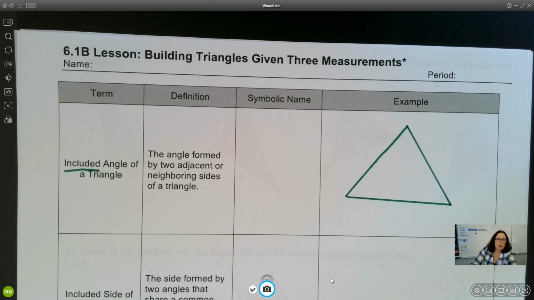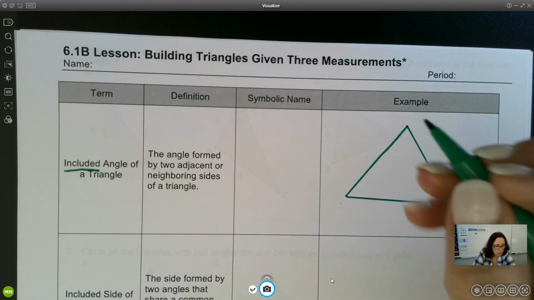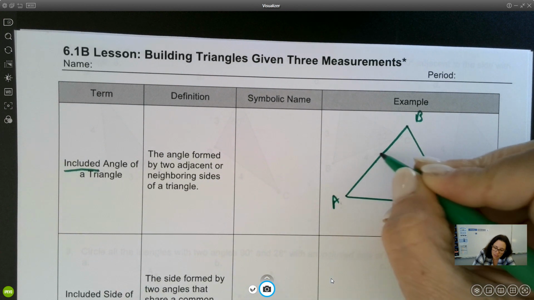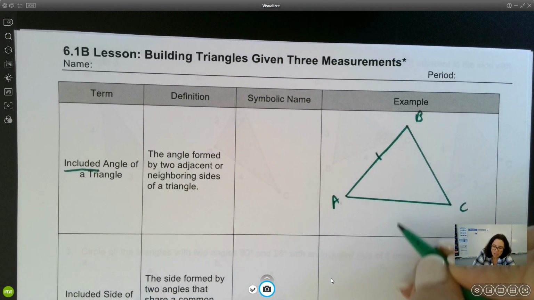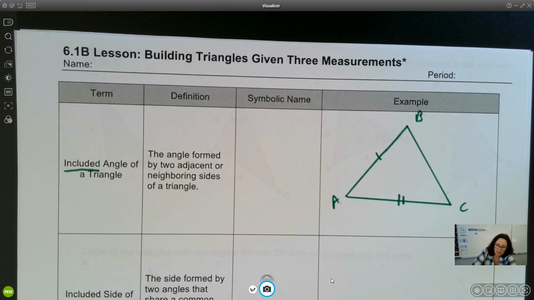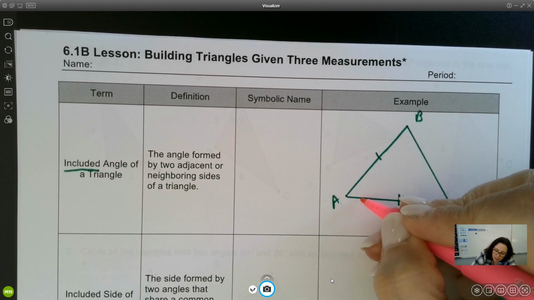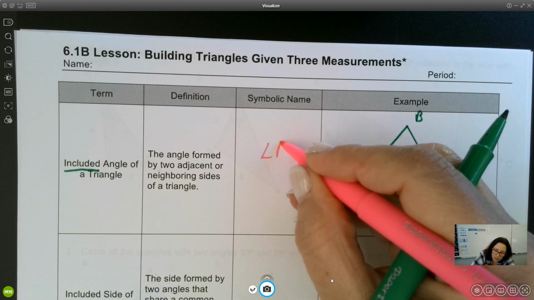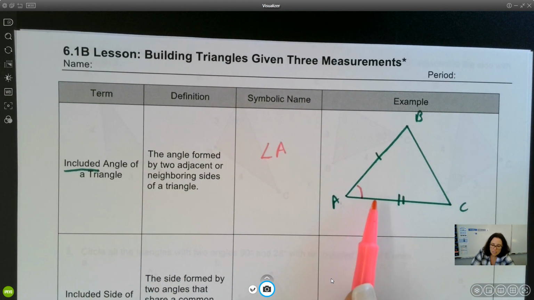I'm going to draw your attention to this side and this side, and then this angle right here, angle A. This is an included angle between side AB that's labeled and side AC that's labeled.